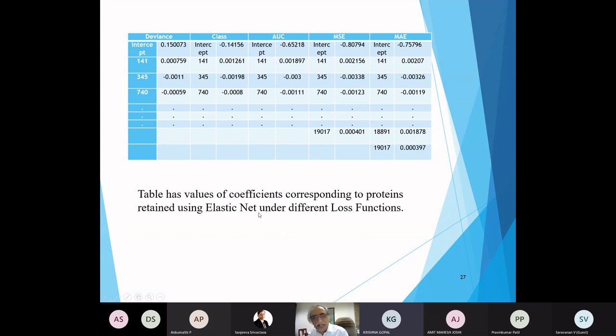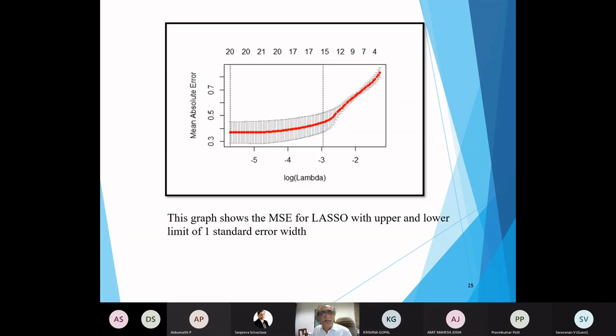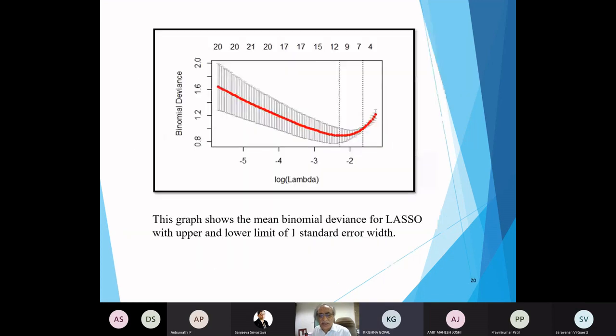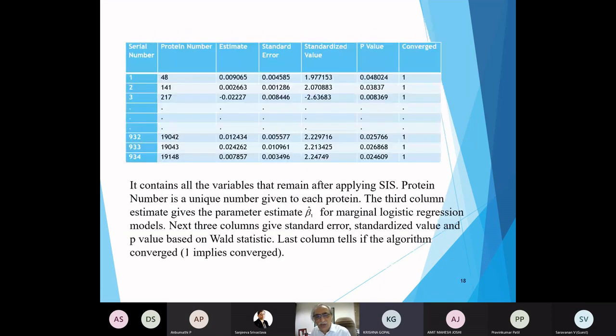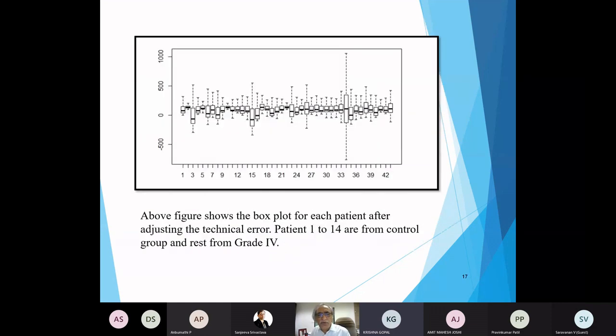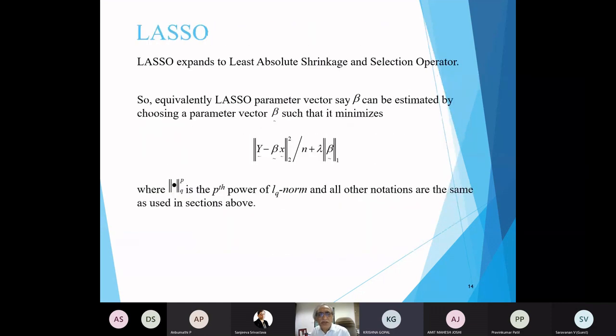Okay, now what is the difference between lasso and elastic net? Just for a minute, I'm not using lasso, I'm using elastic net. So how is elastic net different from lasso? In lasso, one uses the L1 norm. Then in regression, to take care of the multicollinearity, one uses the L2 norm.